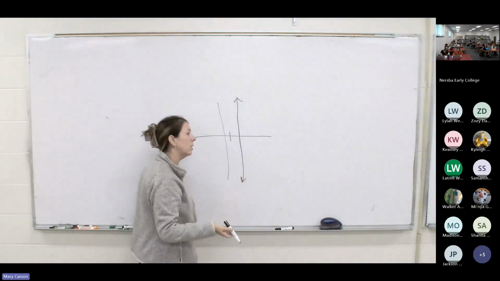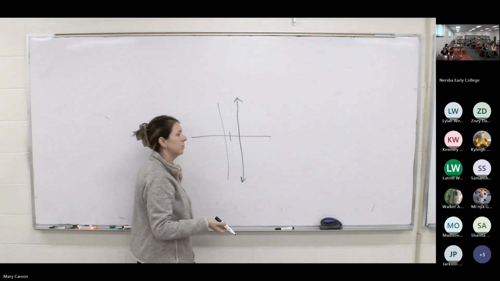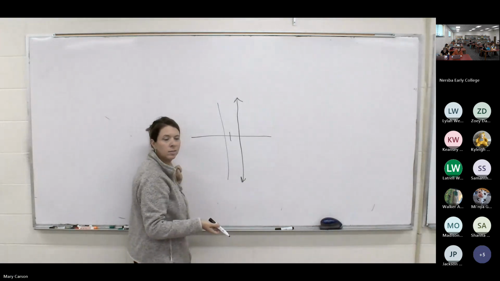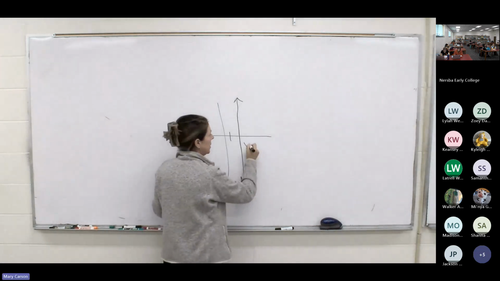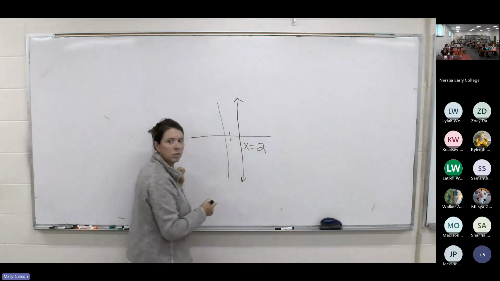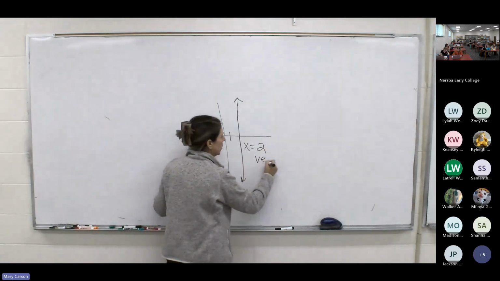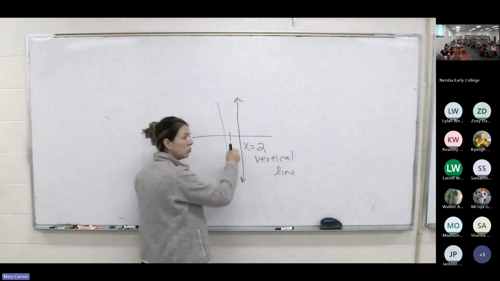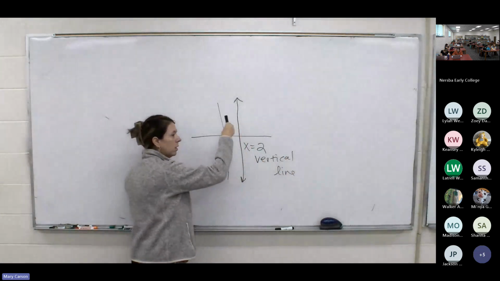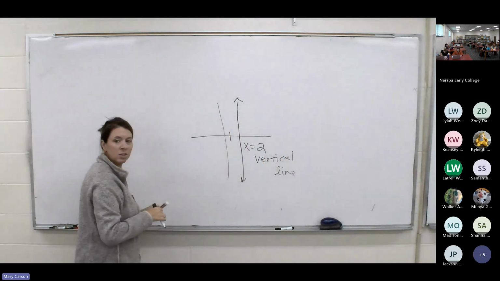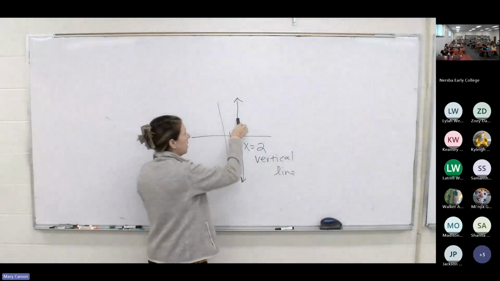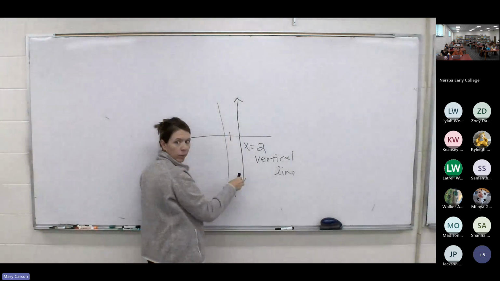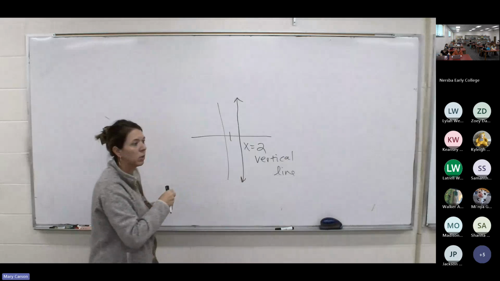Up and down, which is what? What line is it? This will be x equals 2, which is a vertical line. Now notice if I put my pencil up here and I drew a straight line, it's going to touch everywhere, right? You put your pencil on this, it's going to touch at all the points. So it's not going to pass the vertical line test.